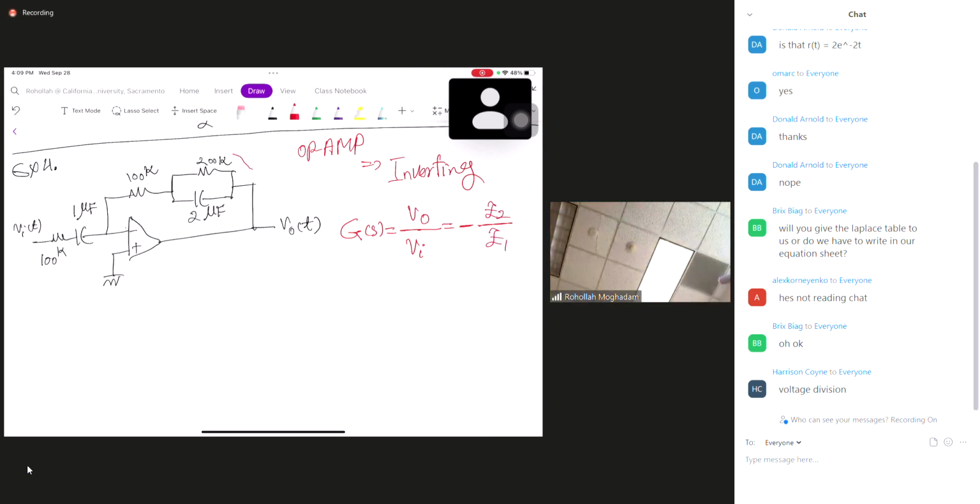And what is Z2? It is the equivalent impedance right there, and Z1 is the equivalent impedance right here. So therefore, Z1 becomes 1 times 10 to the 5 plus 1 over, this becomes 10 to the 6 over S, right?